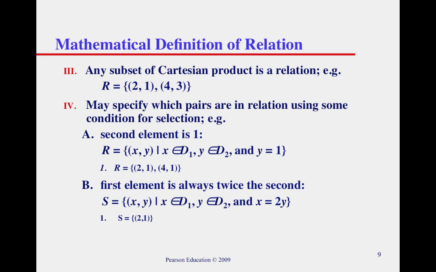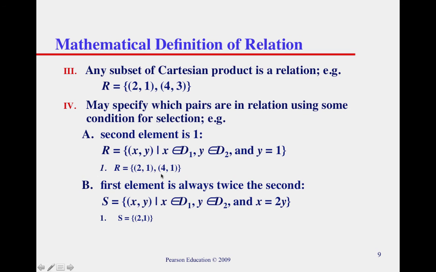So, in example A, I've said my relation consists of all tuples such that x is an element of domain 1, y is an element of domain 2, and the y value must equal 1. So in that case, our relation is 2 tuples, (2, 1) and (4, 1).